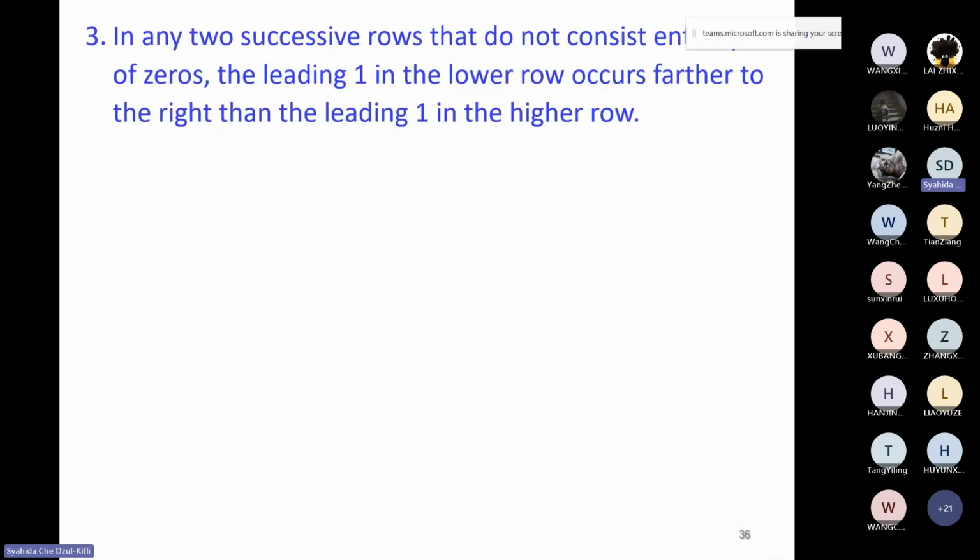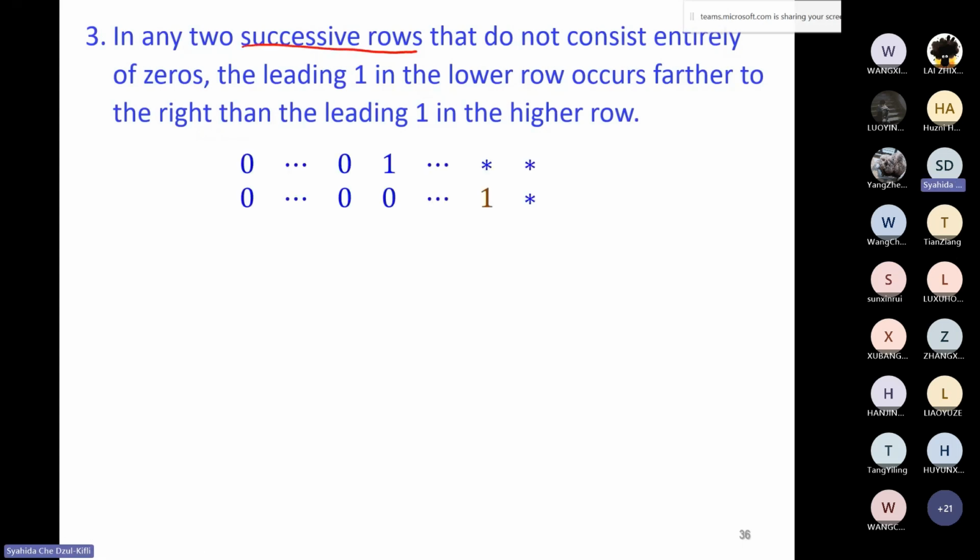Okay, we move to the third property. In any two successive rows that do not consist entirely of zeros, the leading one in the lower row occurs farther to the right than the leading one in the higher row. First of all, what are successive rows?